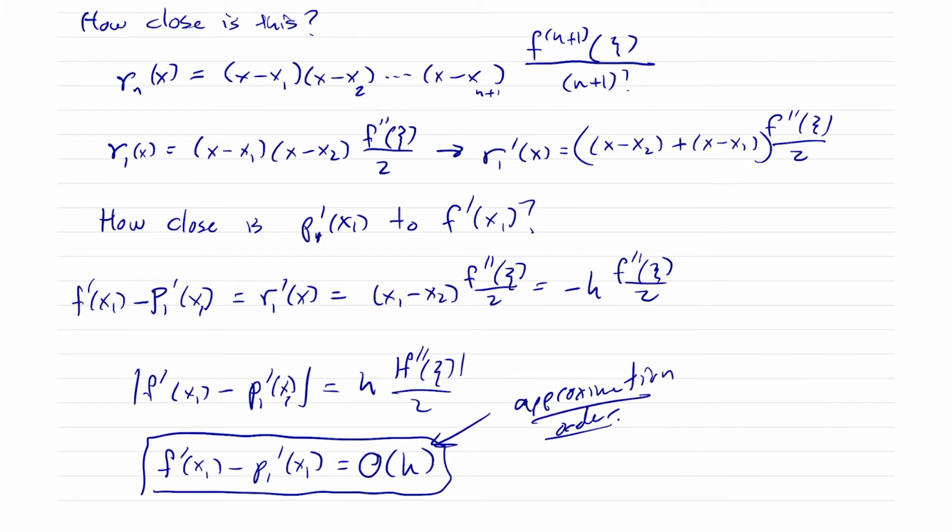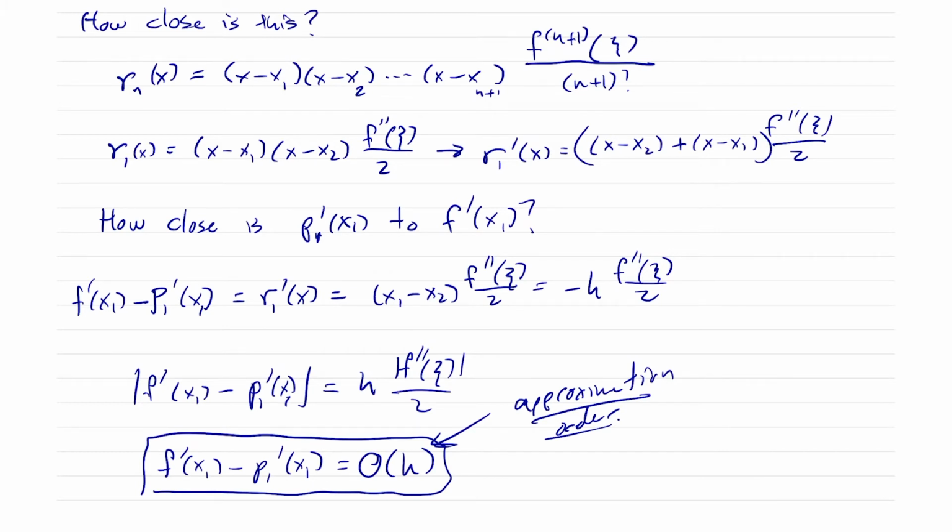We have demonstrated that the ordinary differentiation method ends up giving us big O of h convergence. So it's not terrible. It's actually not great, but it converges, and so we have that going for us.